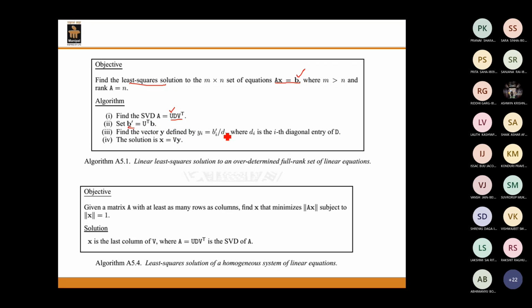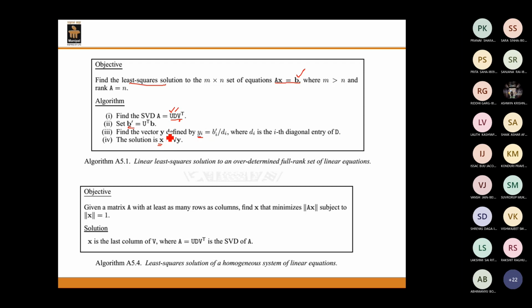And from b' and d_i, which are the elements of the diagonal matrix, you can find the elements y_i, from which, by multiplying y with the third orthogonal matrix V, you can find the solution x.